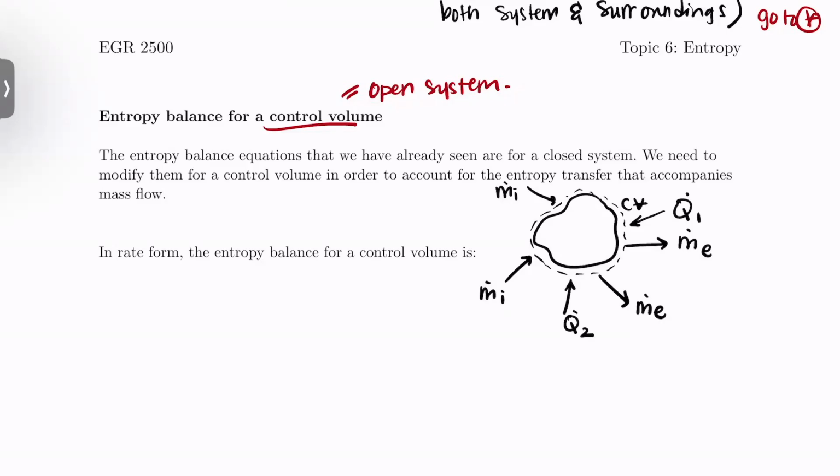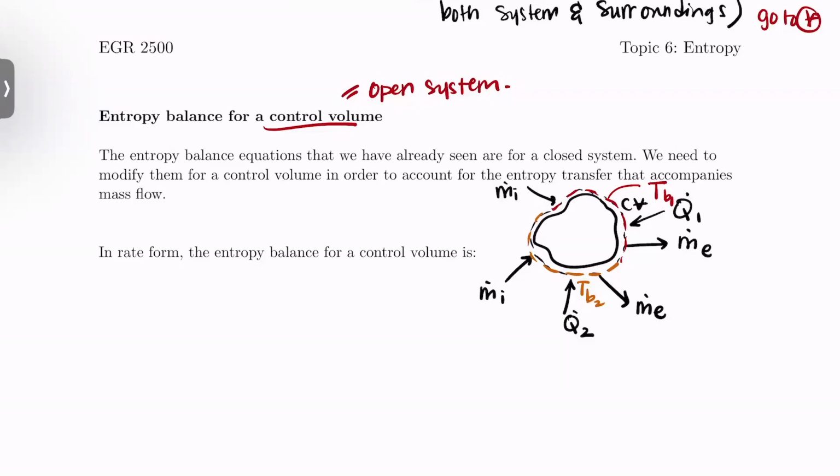And we can also have different boundary temperatures as well, one boundary temperature here and then another boundary temperature here. So we could partition up our boundary into different segments that have different conditions. We can have multiple inlets and outlets and places where heat transfer and work are coming and going, right?